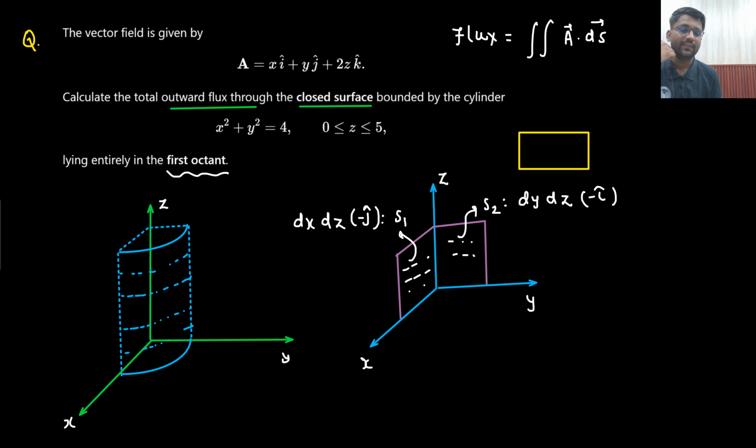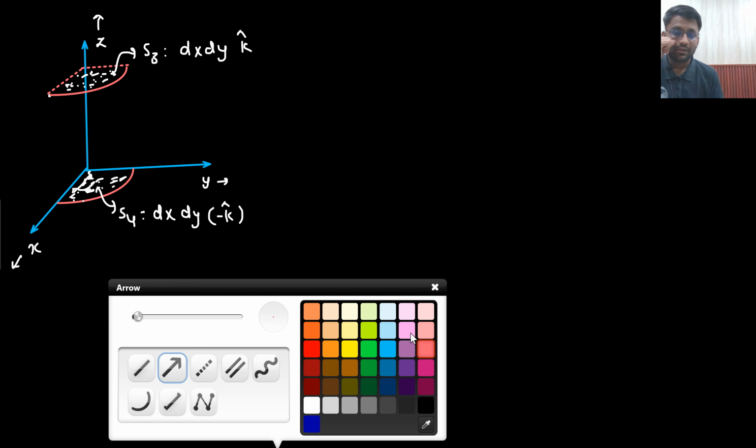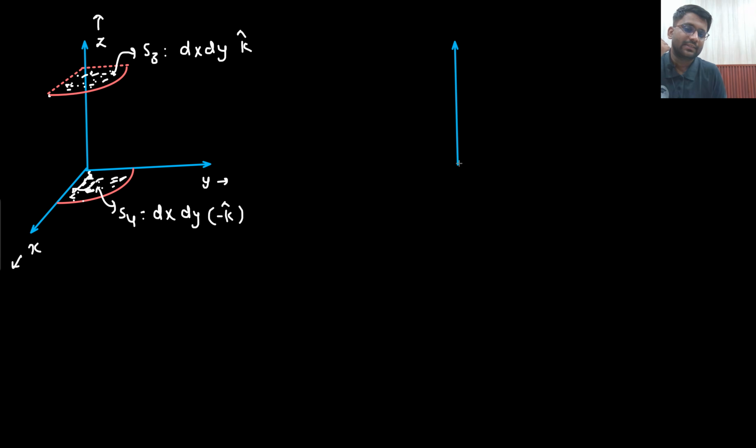This is S4. And what about S5? S5 is the curved surface. For S5, writing down the surface area vector is a task, right? But that task we already know how to do.